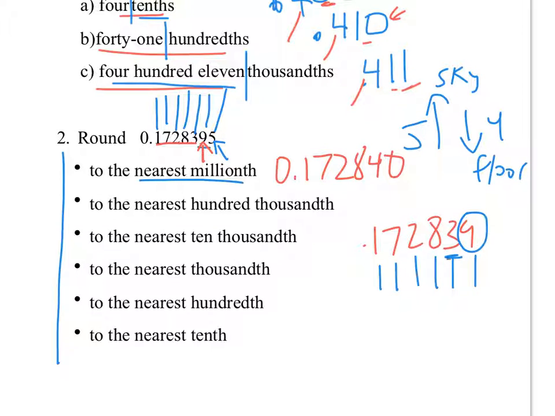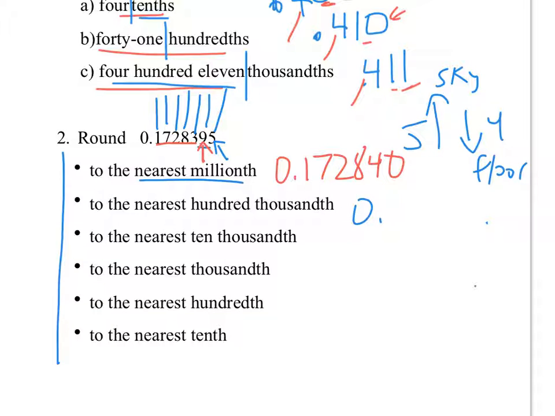We're either going to stay at 3 or we're going to go up to 4. Well, with a 9 here, that's more than 5, so we're going to go up to 4. Okay? So let's write that. So it's 0.17284.